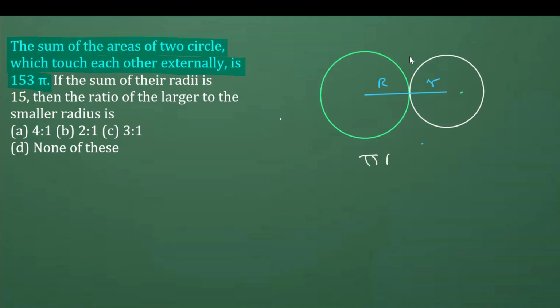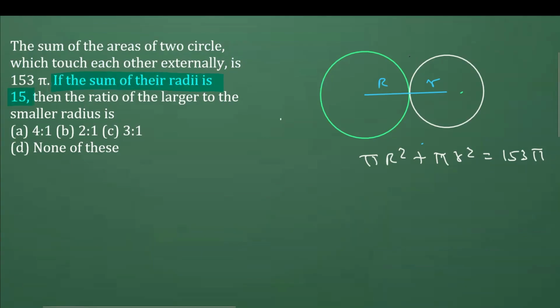And we are given the sum of the areas of these two circles. That means pi capital R square plus pi small r square is given as 153 pi. That's the first information. Now if I read it further, it says the sum of their radii is 15. So we also know that capital R plus small r is 15.